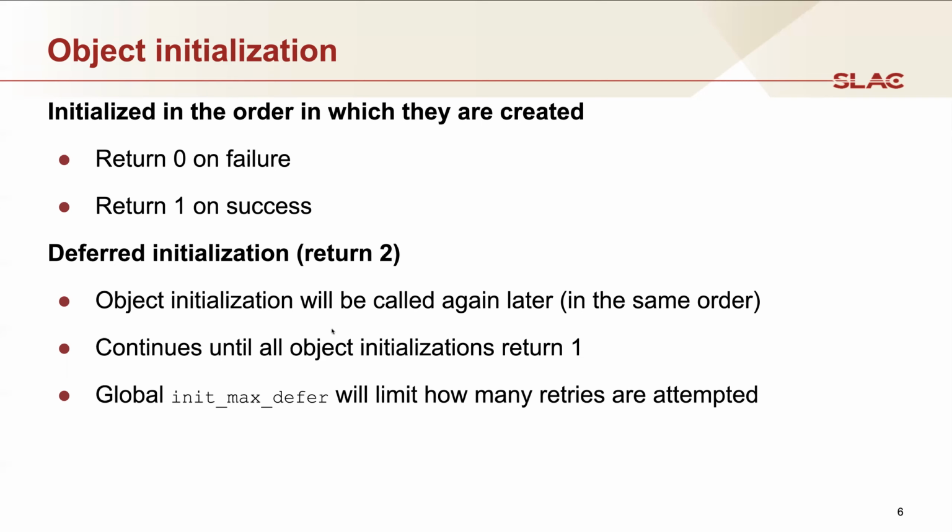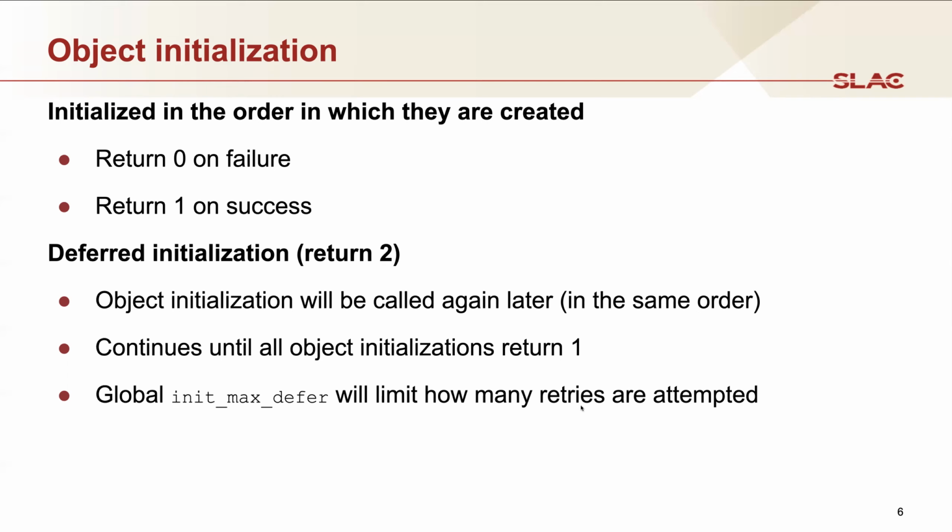So this allows an object to wait until another object that comes later has finished its initialization, and then it can complete its own initialization. And so this deferral loop will continue until all the deferred objects return 1. Of course, they might return 0, in which case everything would fail. But what it tries to do is get all the objects to return 1.